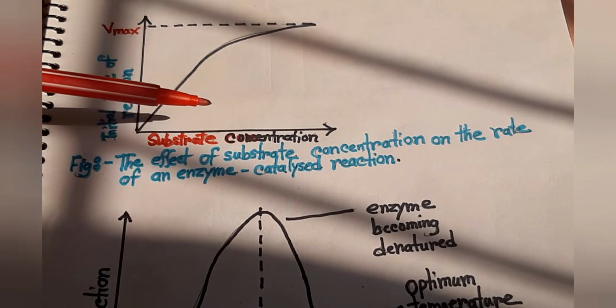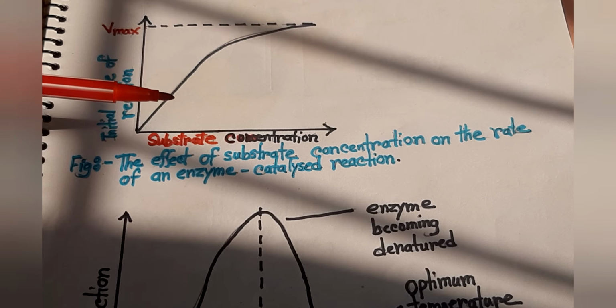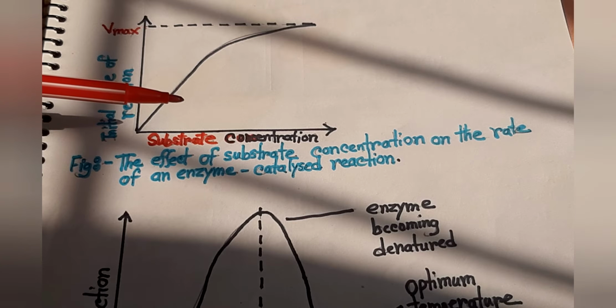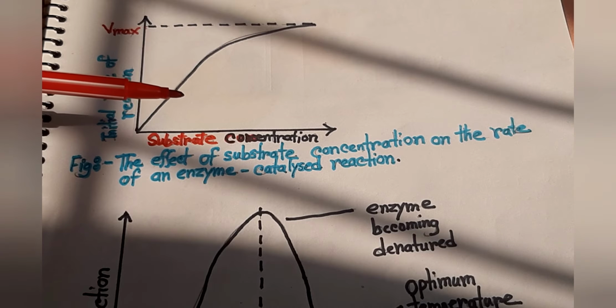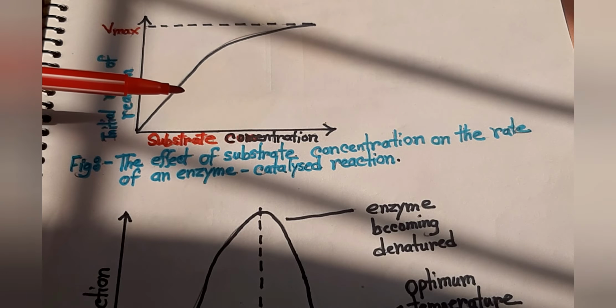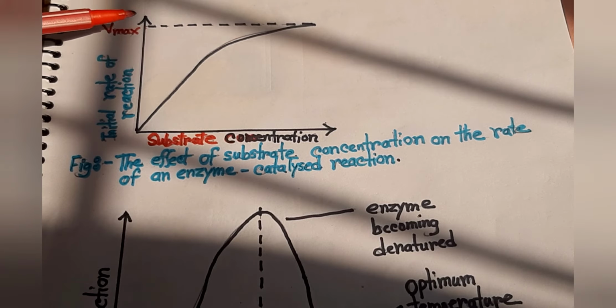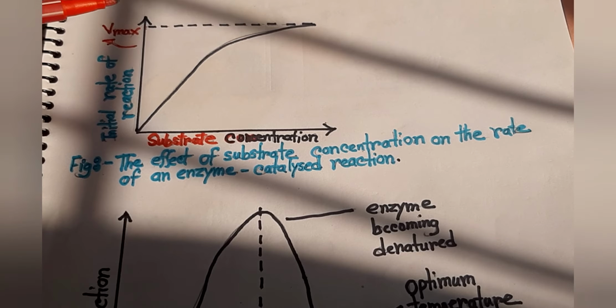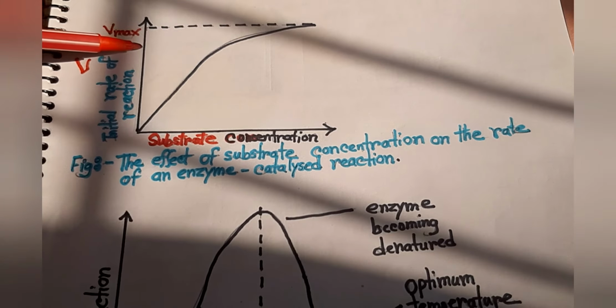If more substrate is added, the enzyme simply cannot work faster. Substrate molecules are effectively queuing up for an active site to become vacant. The enzyme is working at its maximum possible rate, that is Vmax. V stands for velocity, and max is maximum.